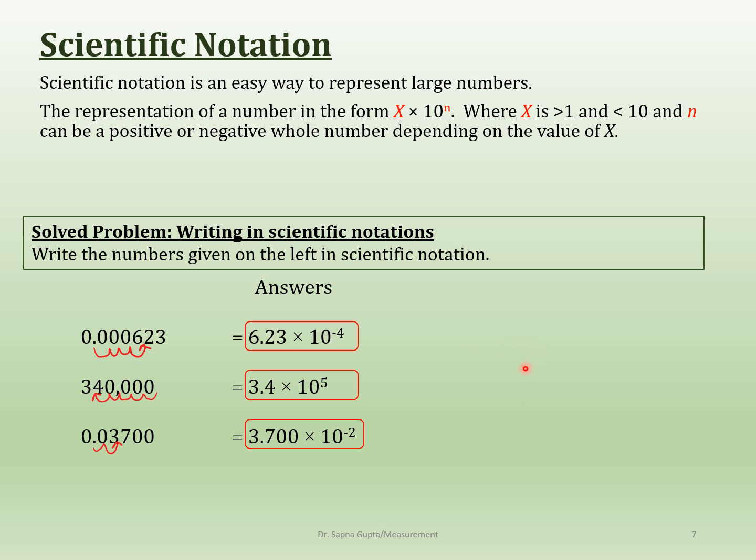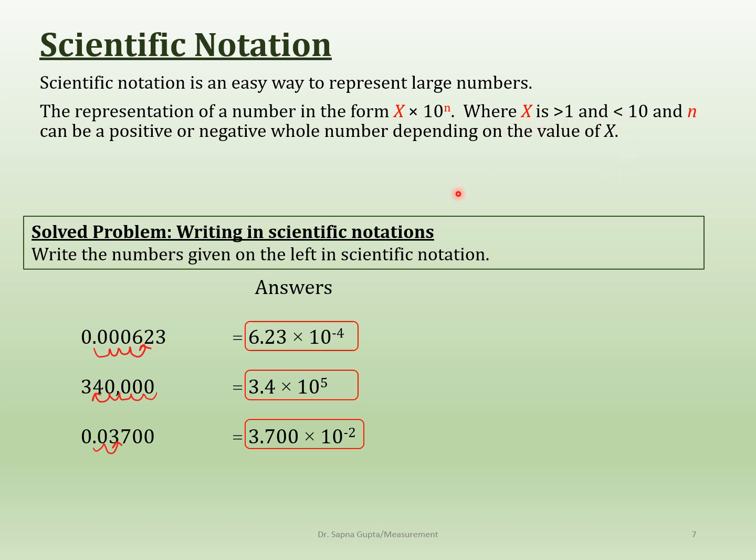Scientific notation is when you designate something as 10 to the power of something. We saw that in the milligram and kilogram example also. But there is a very specific way to write scientific notation: you have x times 10 to the power of n. The main thing is that x is larger than 1 and smaller than 10.